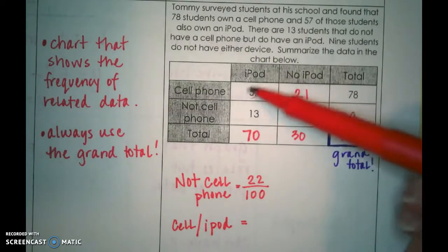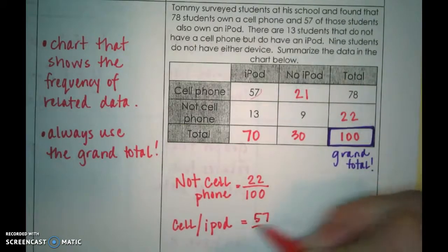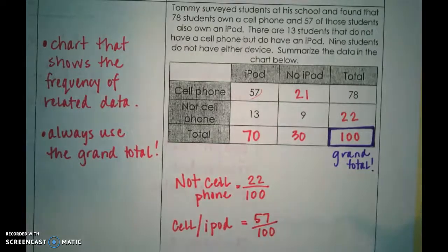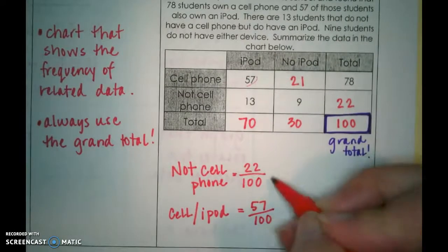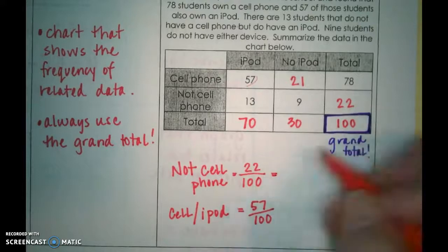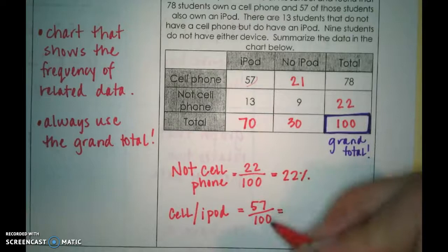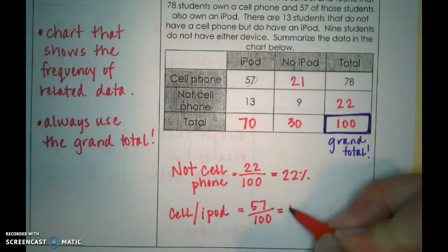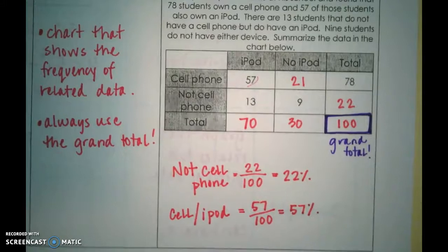That's going to be this number right here. And that would be 57 out of the 100 students. And at this point, we could make these into percents. You should know that 22 out of 100 is going to be 22%. But you could always use a calculator to divide if you needed. And 57 out of 100 is 57%.